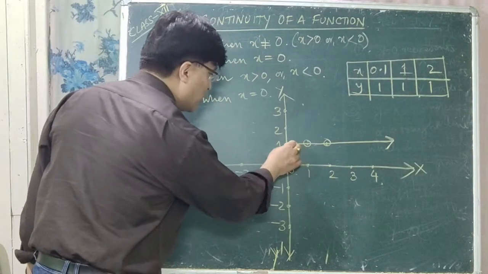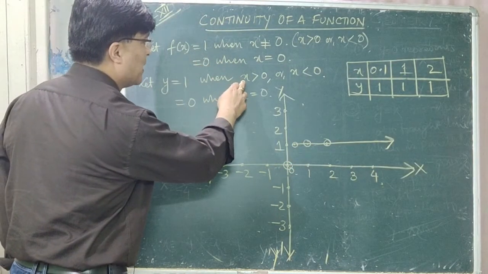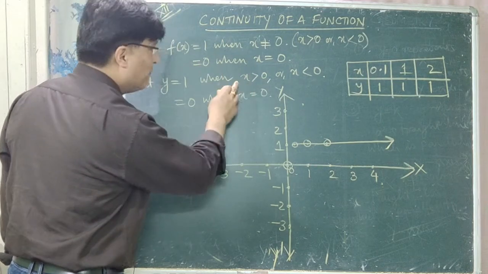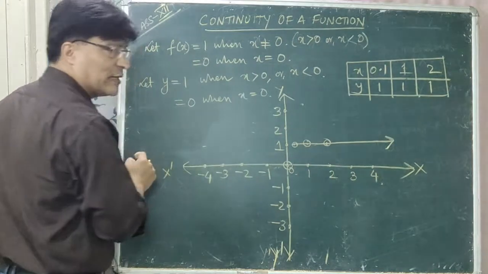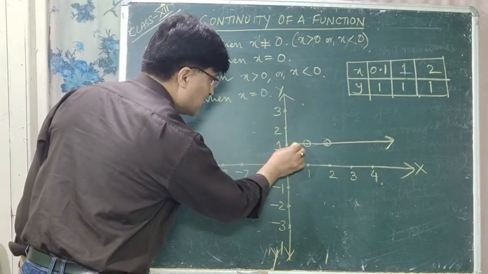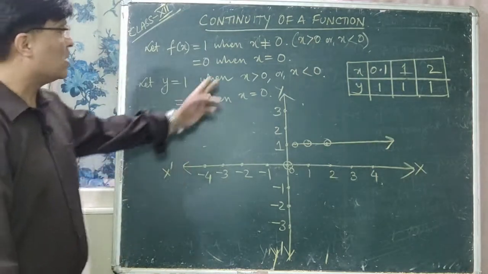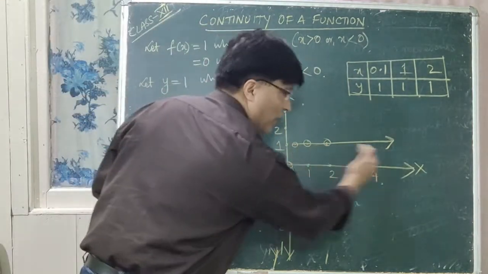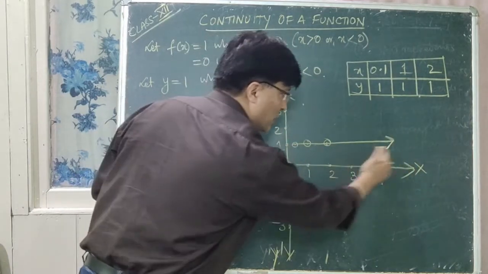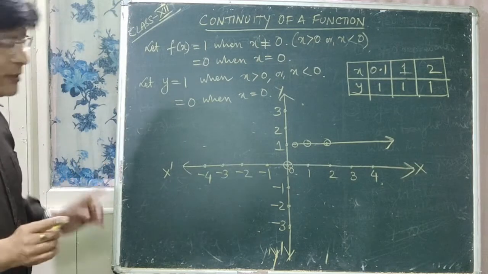But this straight line will not touch this point 1 because it is given strictly x greater than 0. If x is strictly greater than 0, then this straight line will not touch the y-axis. x greater than 0 means on the right side of y-axis you have to draw the straight line. Is that clear?